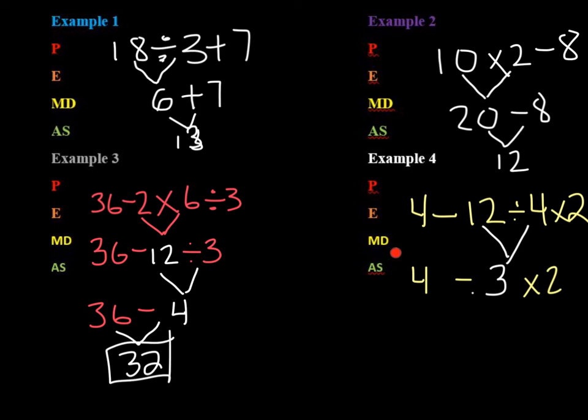Continue to scan and look. Is there any more multiplication or division? Oh, right here, there is multiplication. So 3 times 2 is 6. Copy the rest of this down. 4 take away 6 is -2. And that is our answer. So hopefully you got -2 as your answer.